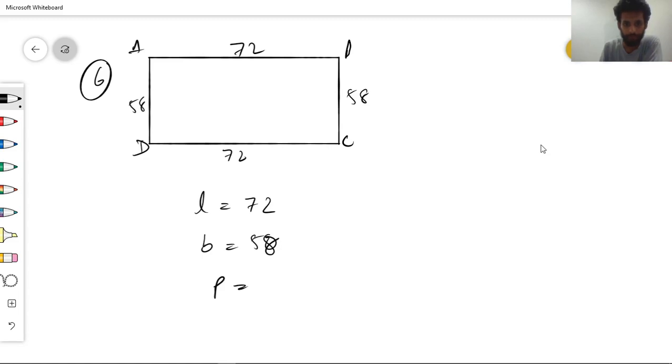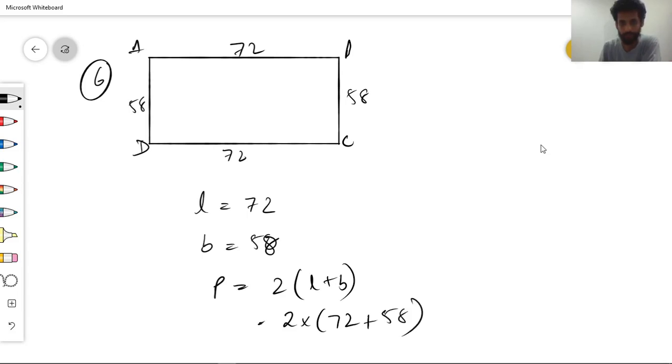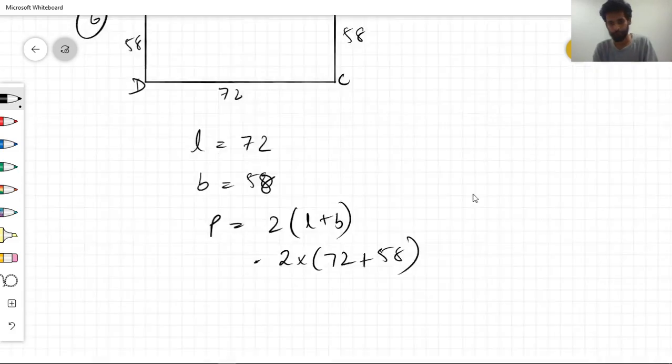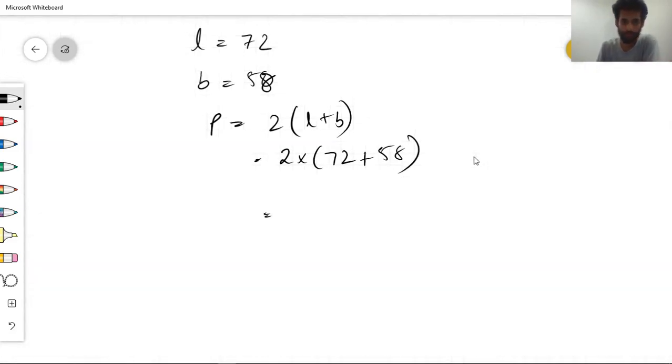Then perimeter will be twice L plus B, that is 2 into (72 plus 58), that is 2 into 130. It will be 260. Sorry, I have not written the units, meter.